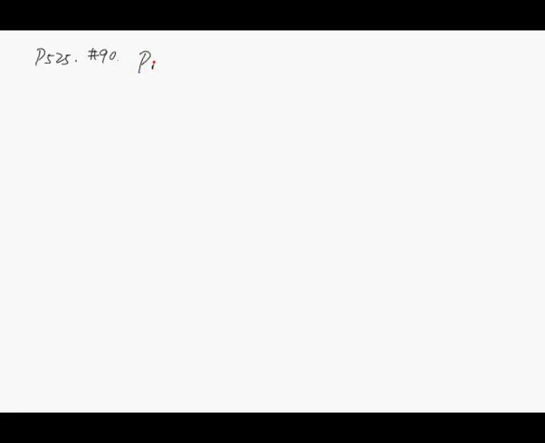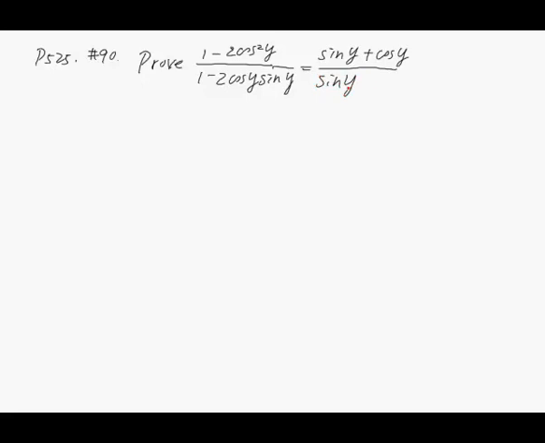And we need to prove this equation is an identity. 1 minus 2 times cosine square y over 1 minus 2 times cosine y times sine y equals sine y plus cosine y over sine y minus cosine y.